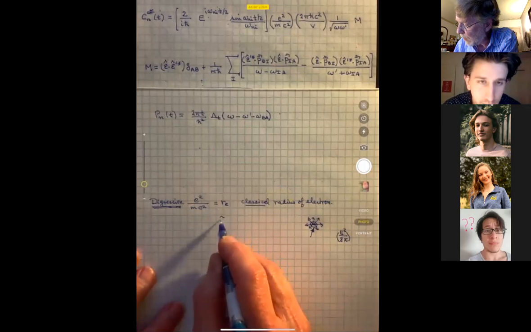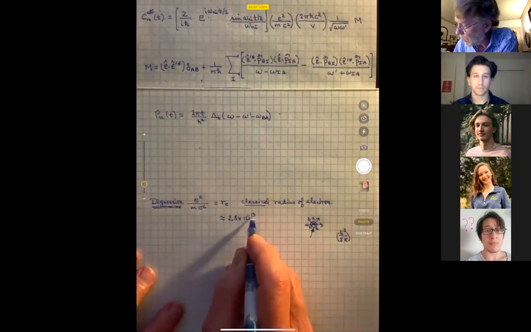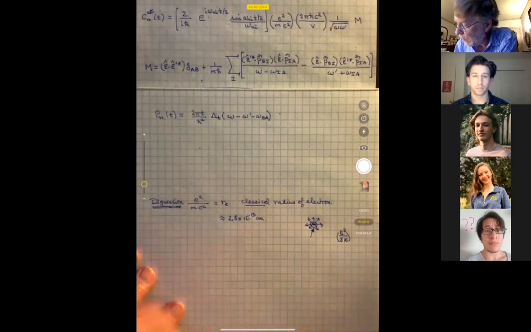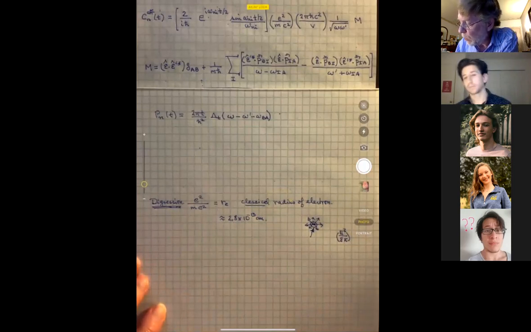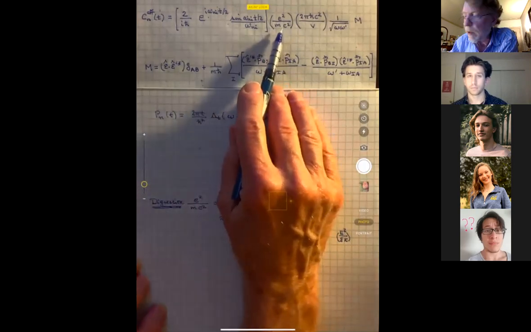It's roughly about 2.8 times 10 to the minus 13 centimeters, which coincidentally is about the size of a nucleus. I don't think anybody thinks there's anything to that more than just a coincidence, but it's of that size. So this is one of the characteristic lengths that occurs in problems of this sort. There's a classical radius of the electron, and it's making its appearance here in this transition amplitude.